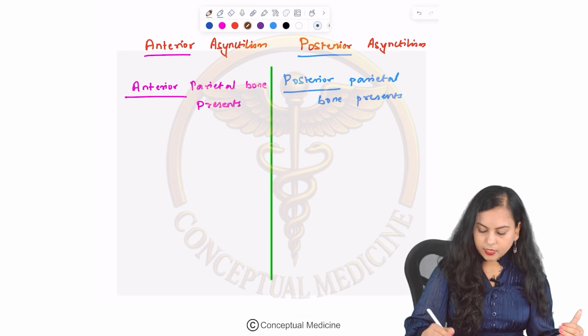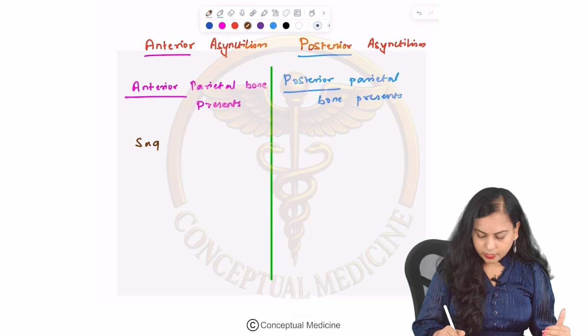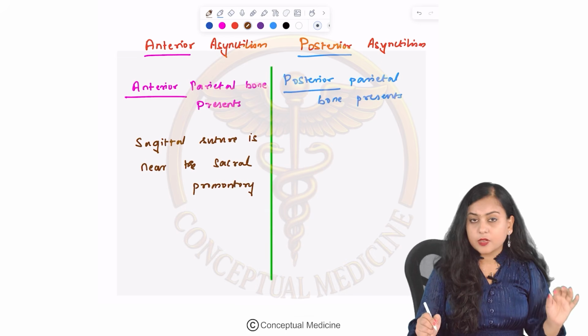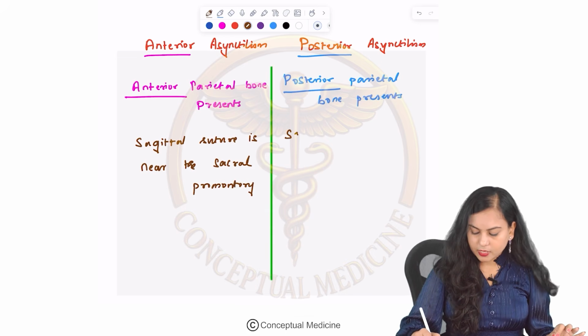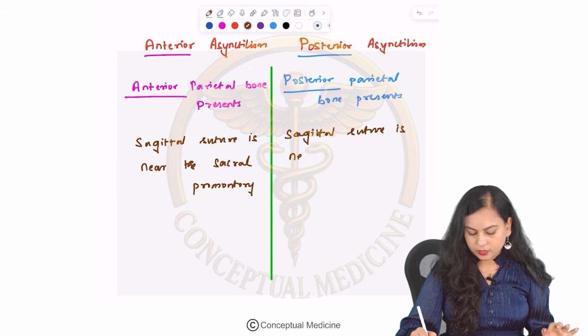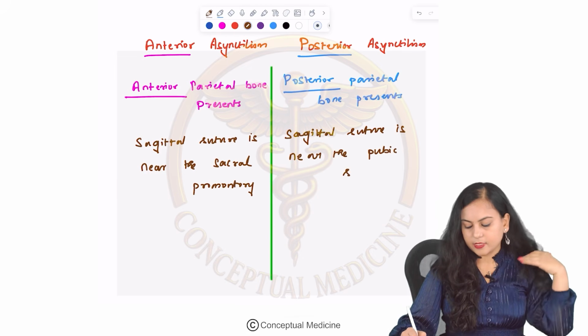Okay. Then, what about the sagittal suture? Sagittal suture in anterior asynclitism is near the sacral promontory, whereas in posterior asynclitism, sagittal suture is near the pubic symphysis.